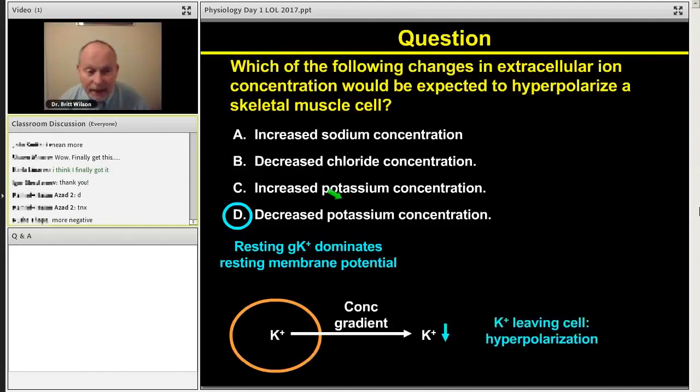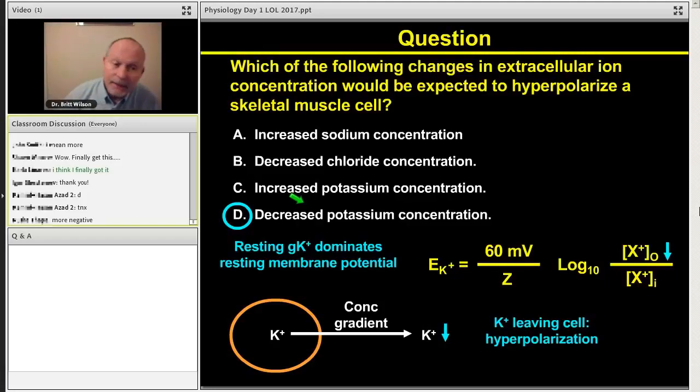So I must have had a greater concentration gradient. So decreased potassium outside the cell. And again, for the mathematicians in the group, plug it in here. You'll see that it gets more negative.